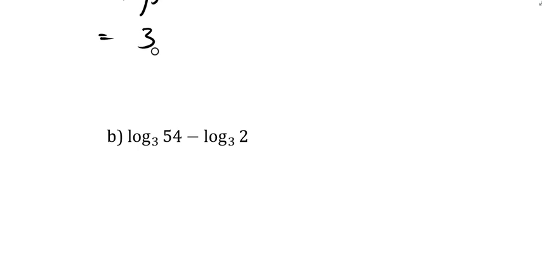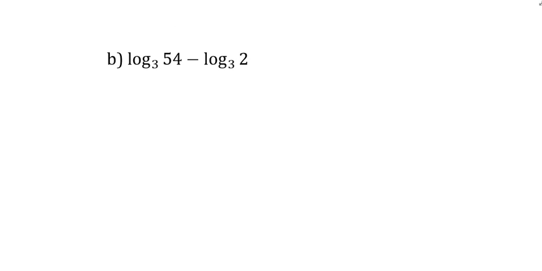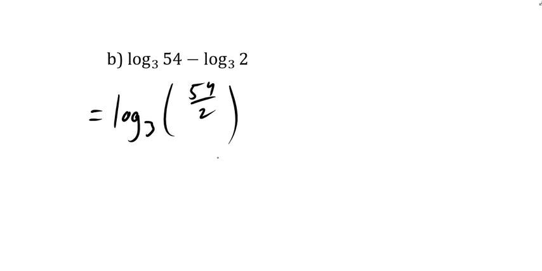Okay, try another one. Ooh, this one's really tricky. So it's going to be log base 3. This is the quotient law. Same base. It's interesting, both of these are written the other way, though.